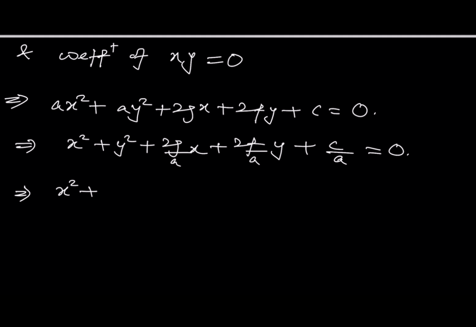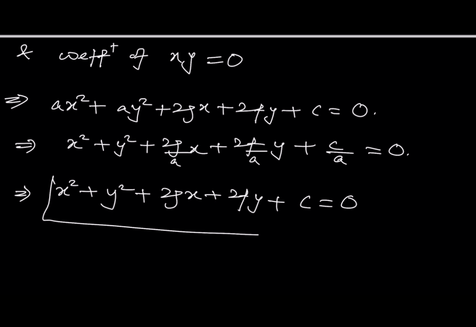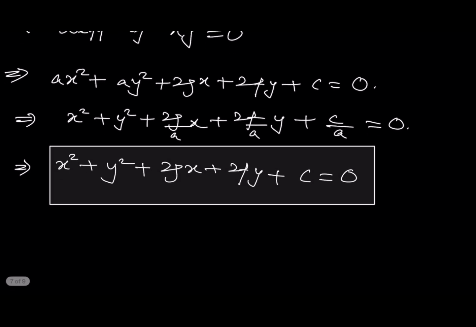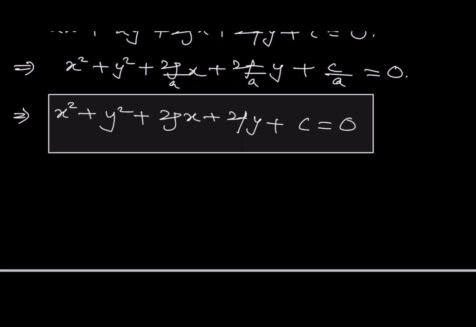So this is x square plus y square plus 2gx plus 2fy plus c is equal to 0. Why I did so, you will understand. So this is the general form of a circle.